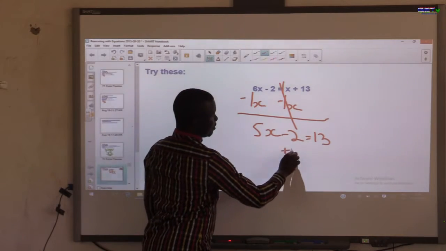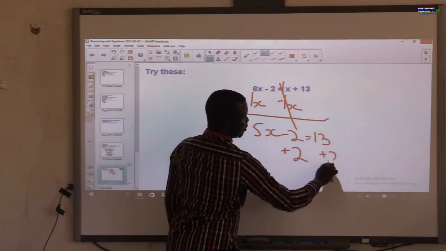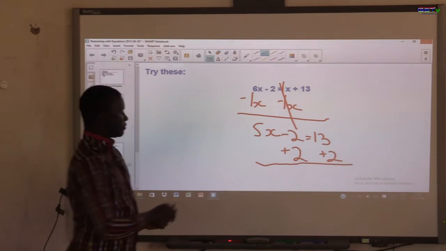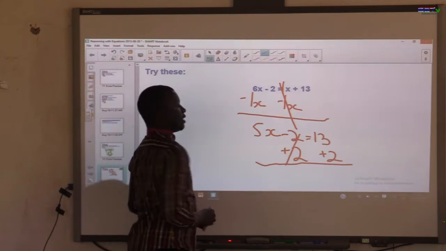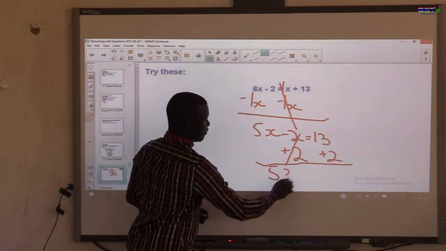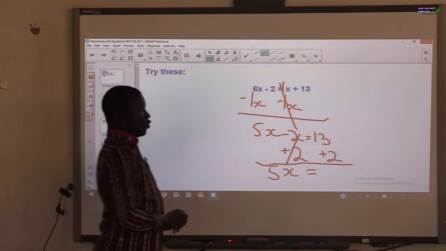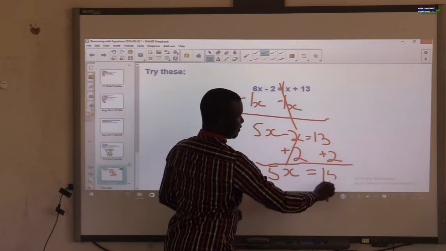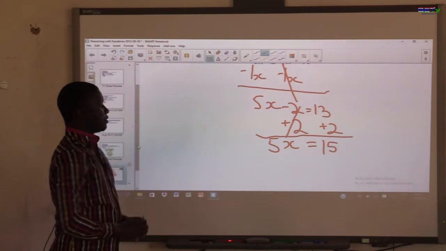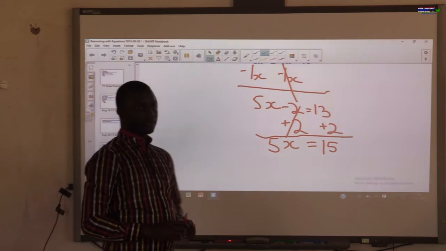In doing so, we apply the inverse of subtraction, which is addition, by adding 2 onto both sides. Negative 2 plus 2 is 0. We are left with only 5x on the left-hand side. 13 plus 2 is 15. Now we have 5x equals 15.